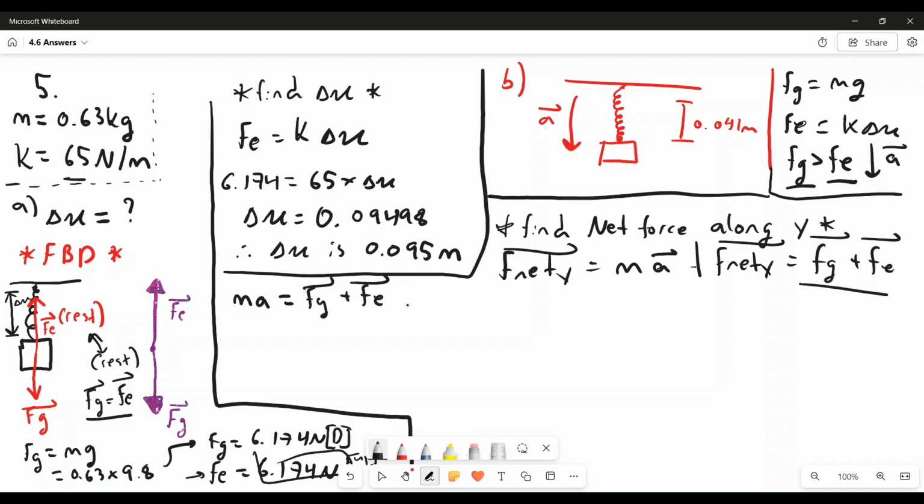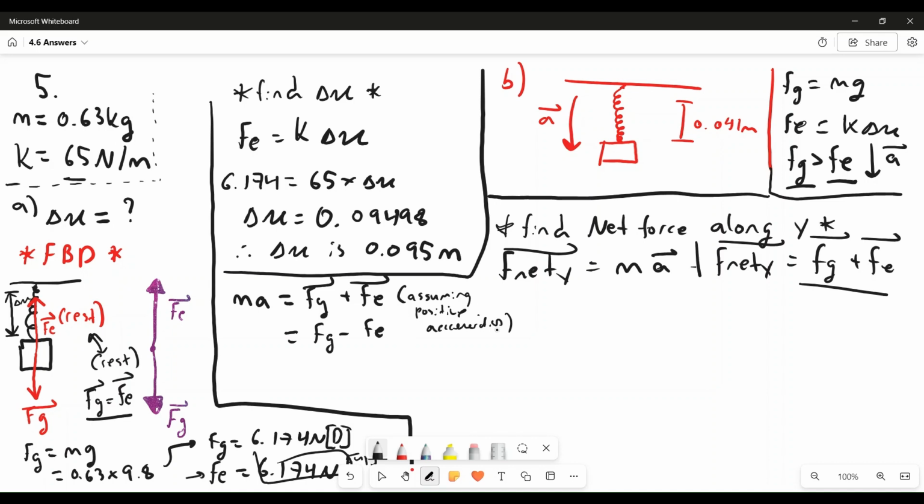And something else that is important to remember in a question like this is that when we get rid of these vector arrows on top, we're going to subtract Fe, and that's because we're assuming positive acceleration.